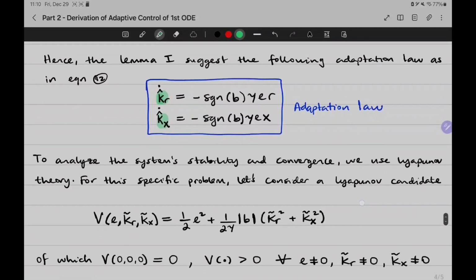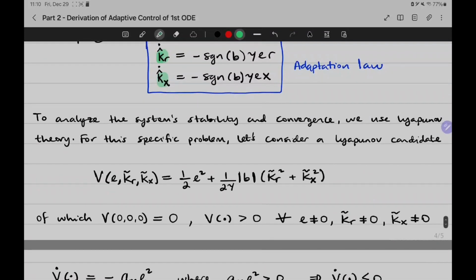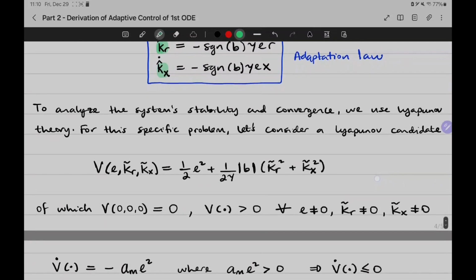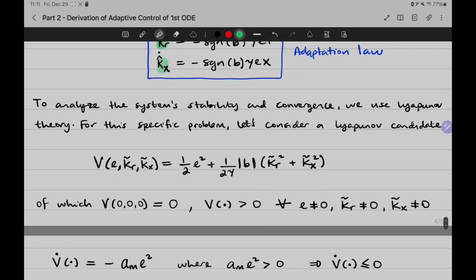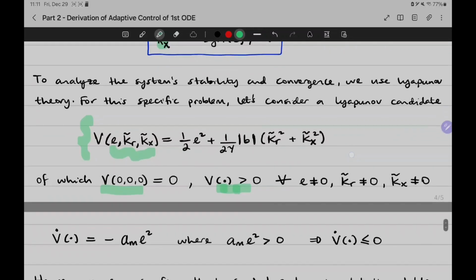Now, let's move on to analyzing stability. To analyze the system stability, we use Lyapunov theory, and for this specific example, we will use a Lyapunov candidate of this form. Going through the Lyapunov theorem, if you get V of 0 equal to 0 and V greater than 0 for all these parameters not equal to 0, then that's good.